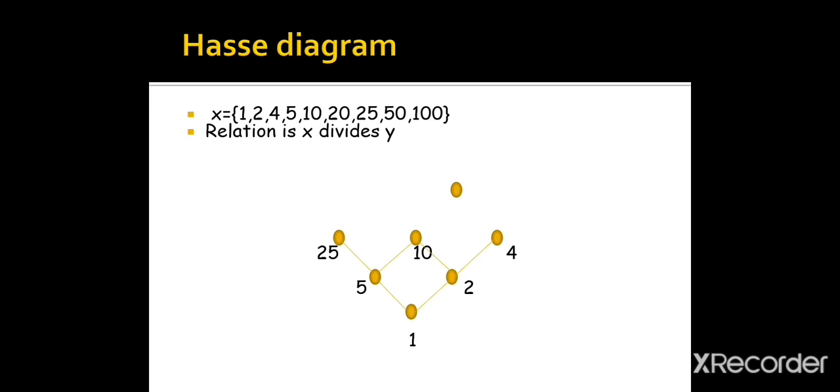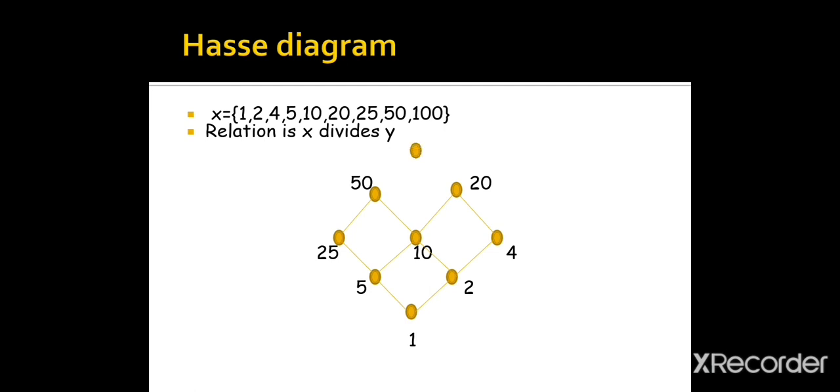Then come 20 and 50, 2, 4 and 10. These three elements divide 20, but we are not joining 2 and 20 because it is a transitive relation. Then 10, 25 and 5 divide 50. Same for 5 and 50, we are not joining because it is transitive.